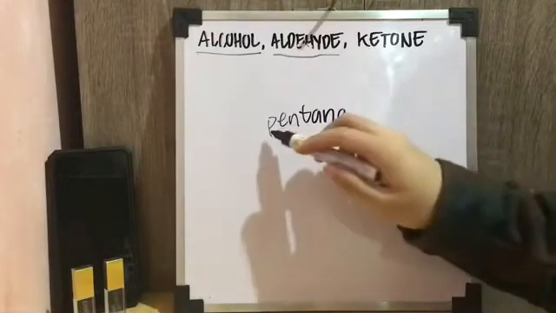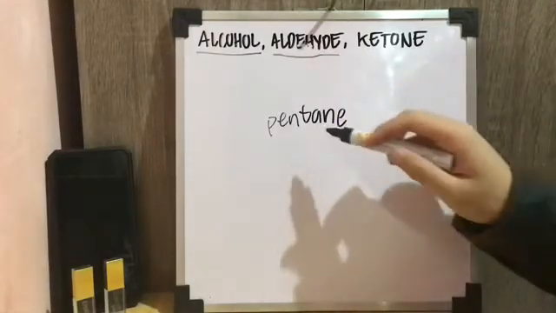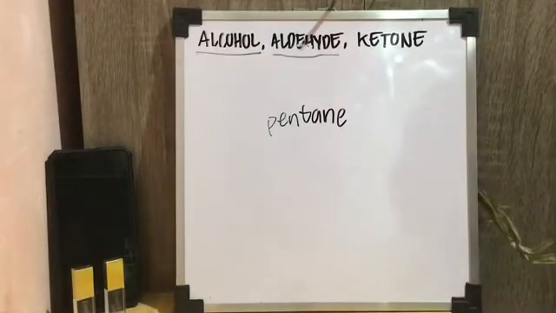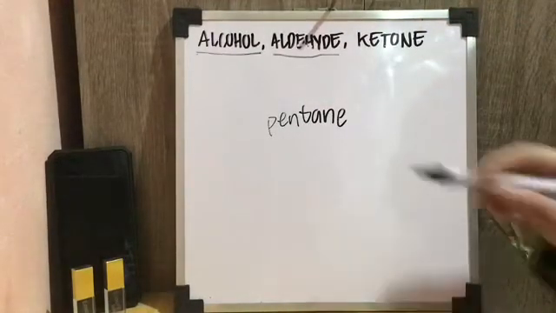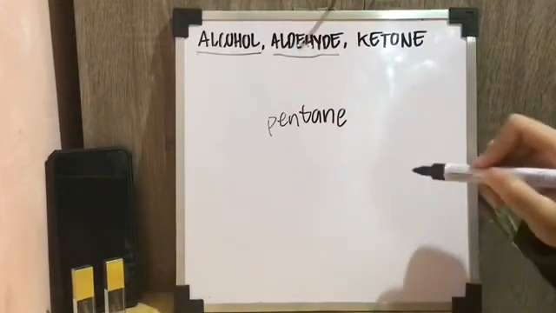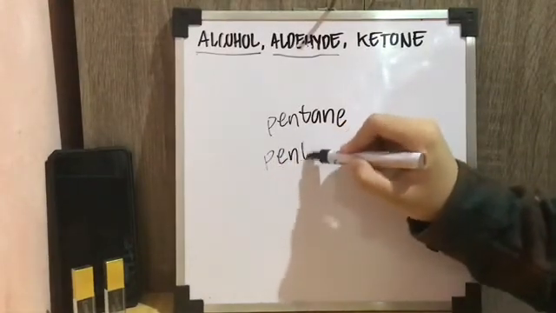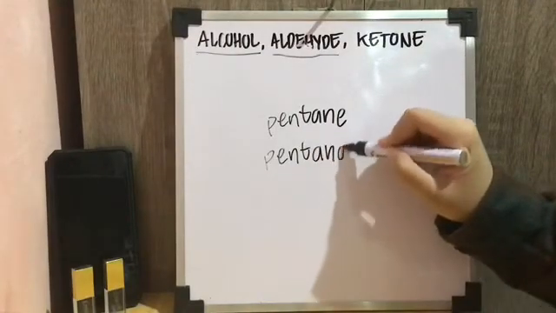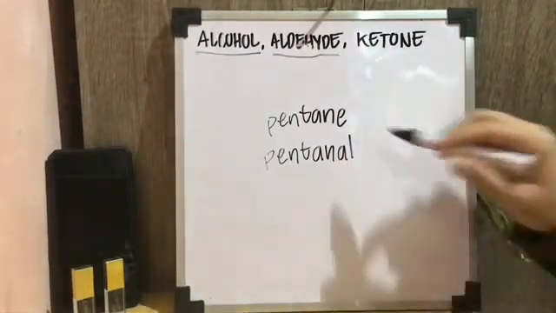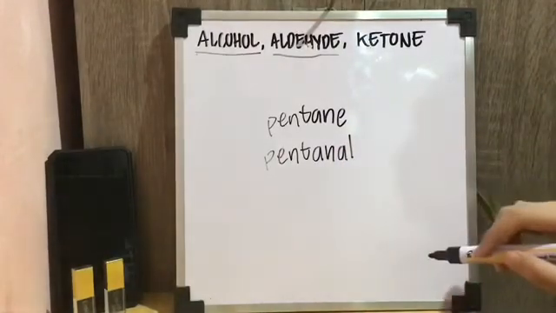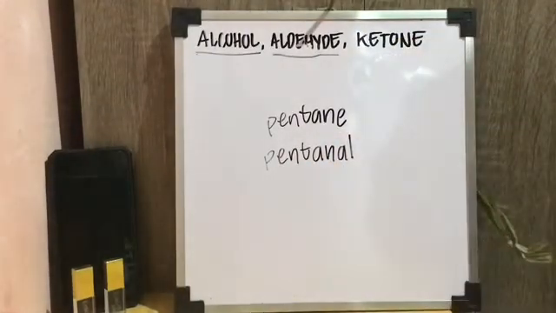Since there are 5 carbons, pent, and it is connected by single bonds, which is ane. When you're naming the aldehyde, you replace the e with the suffix al to signify it is an aldehyde.